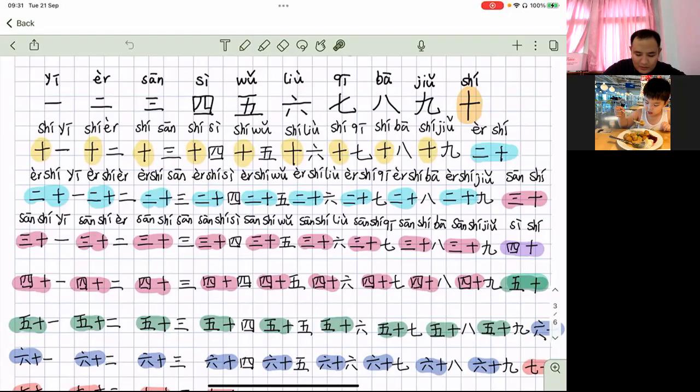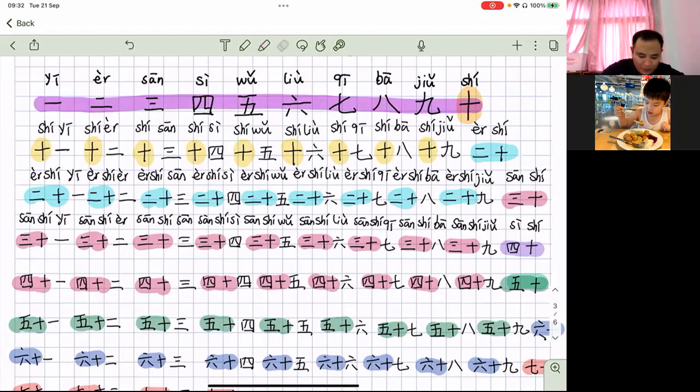So from 1 to 10, teacher will give you. This means 1, 2, 3, 4, 5, 6, 7, 8, 10 are given in the final exam assessment question. Clear? These characters are given.